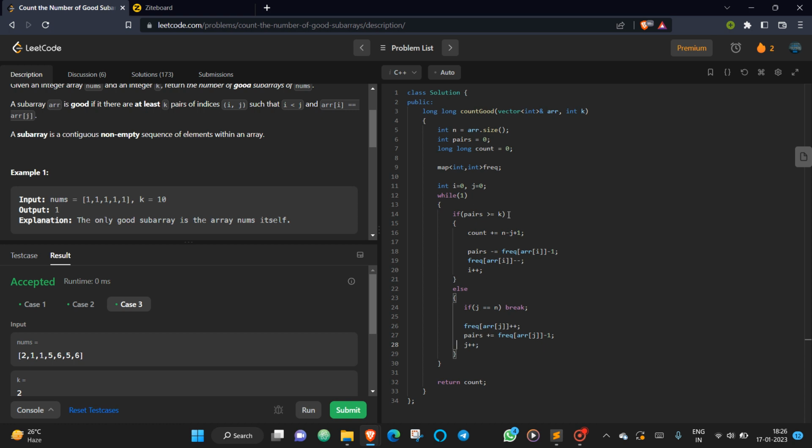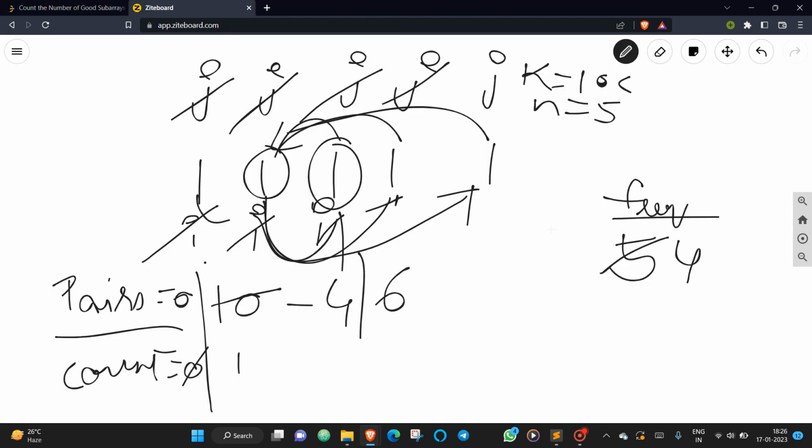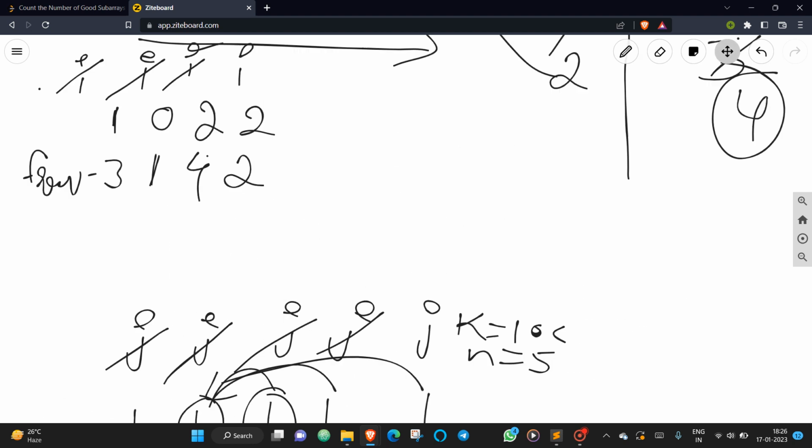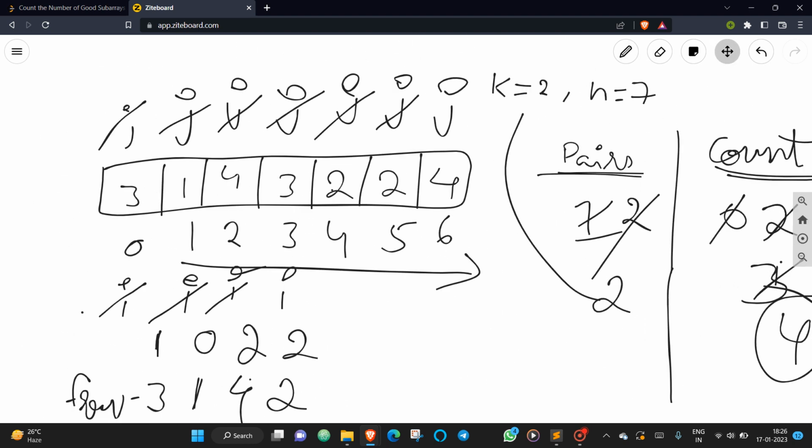Whenever your j is equal to n, you can ask me, even here you can keep j less than n. Why I was not doing that is, even if you reach the end, if your i is at the start, you still need to check whether the answer is possible by shrinking or eliminating the starting element.